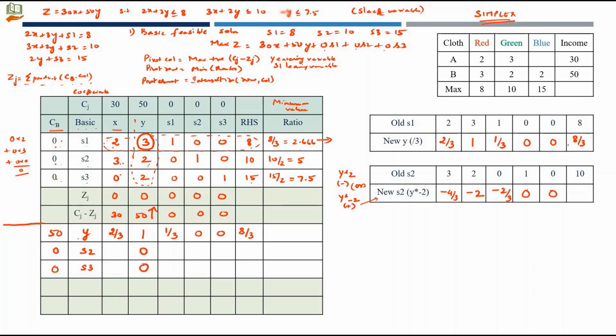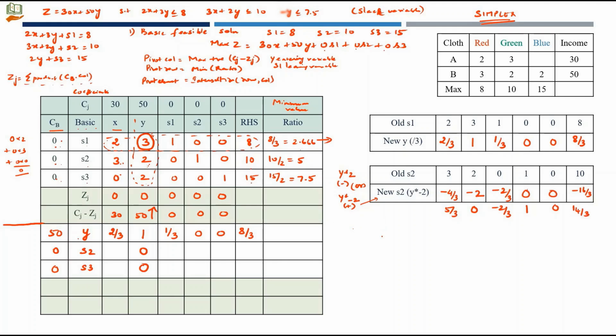Minus 2 into 8 by 3 will give minus 16 by 3. Now I have to add them. 3 minus 4 by 3: 3 3s are 9, 9 minus 4 is 5 by 3. 2 minus 2 is 0, then minus 2 by 3, and 10 minus 16 by 3: 30 minus 16 is 14 by 3.